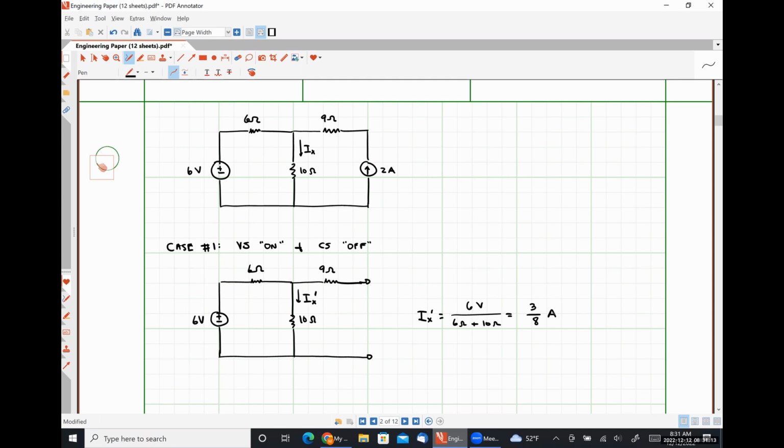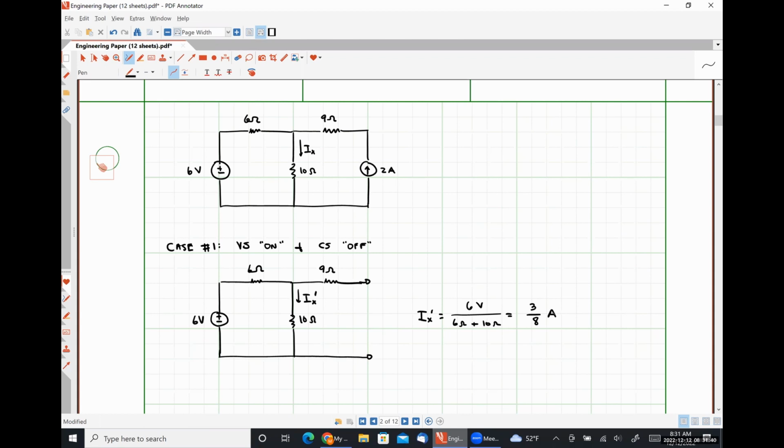Why am I able to say that the current Ix prime is the current that's flowing through the 6-ohm resistor when it's defined to be the current that's flowing down through the 10-ohm resistor? Why do you consider them as if they're in series though, John? You're correct, but explain it slightly better.